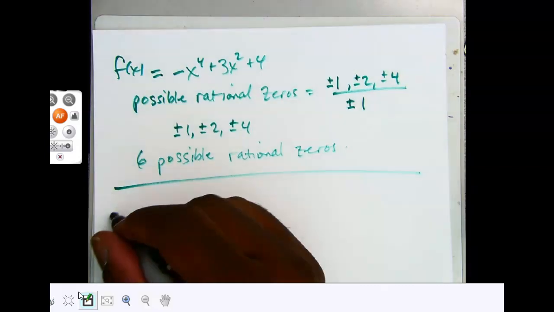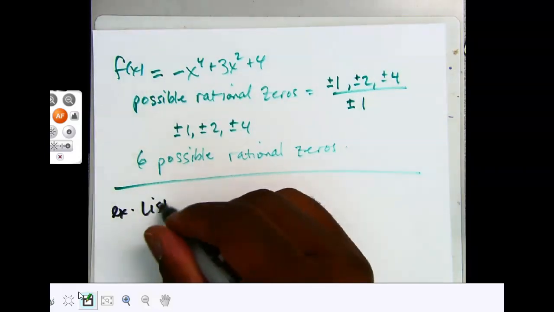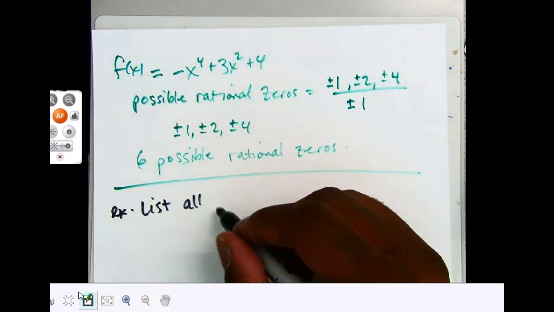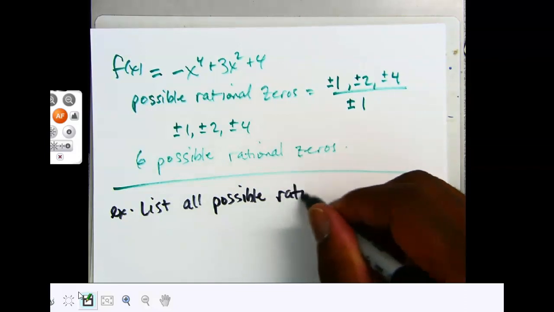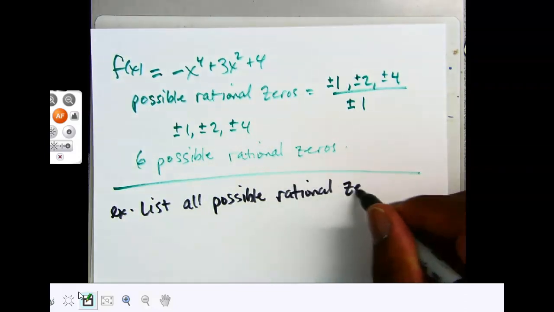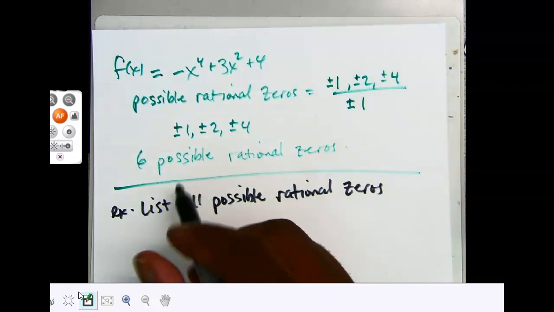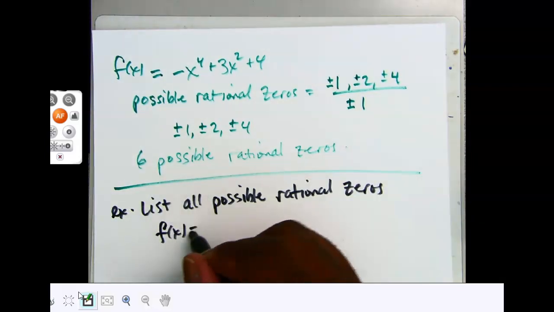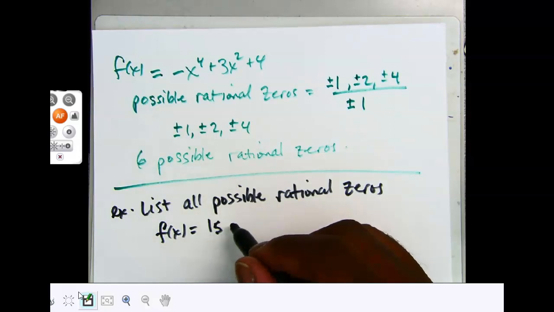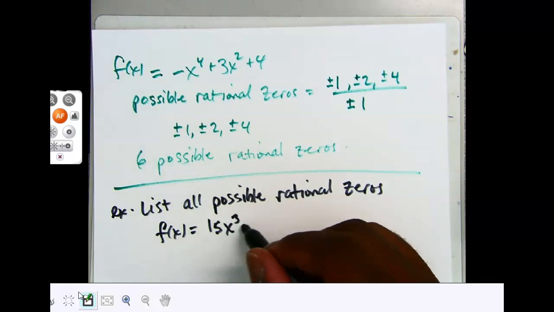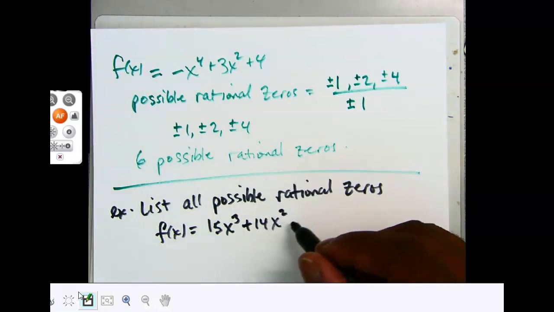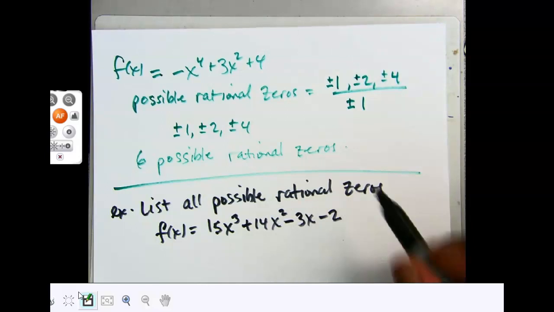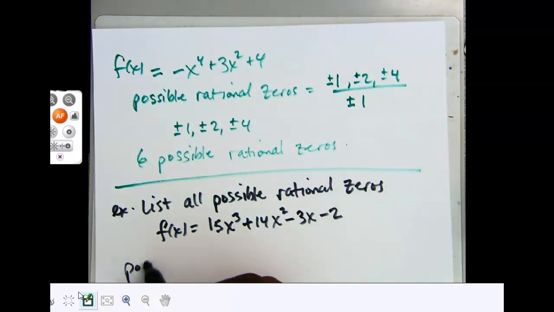So next example, list all possible rational zeros for f of x is equal to 15x cubed plus 14x squared minus 3x minus 2. So our possible zeros.